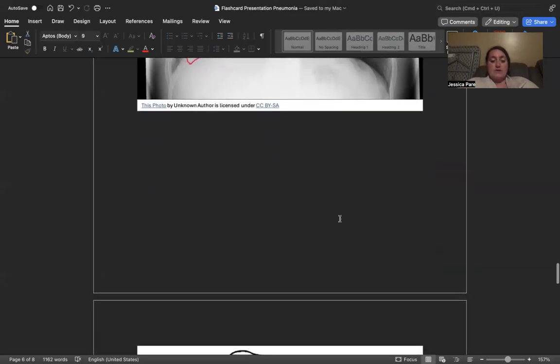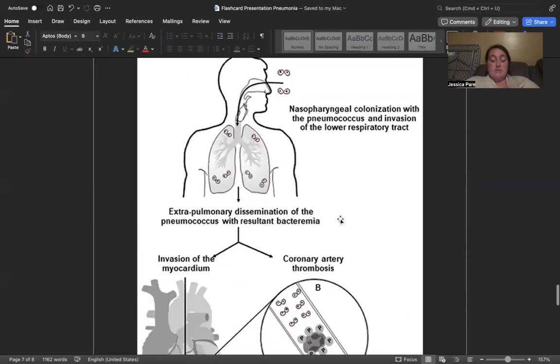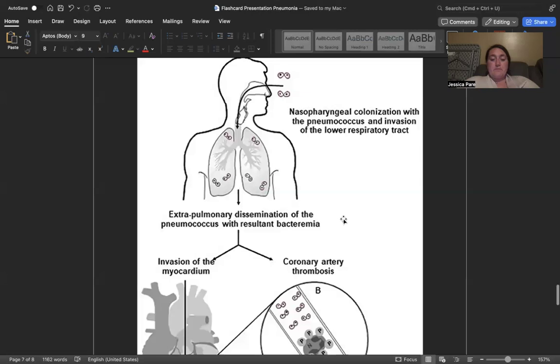And then we move on to this picture that I found. So this presents the nasopharyngeal colonization with the pneumococcus and invasion of the lower respiratory tract. So these are the microorganisms, they're inhaled and then they go down into the respiratory tract. Extrapulmonary dissemination of the pneumococcus with resultant bacteremia.